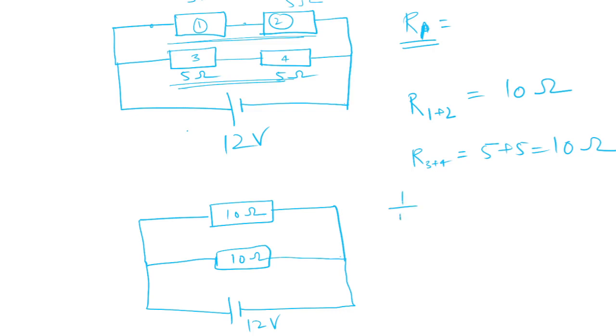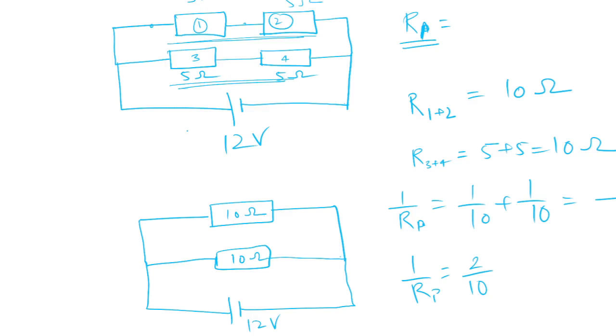So what can I write? 1 by Rp is equal to 1 by 10 plus 1 by 10, which will give me 1 plus 1 by 10. Now, before taking the reciprocal, let me write one more step. So I'm getting 2 by 10.